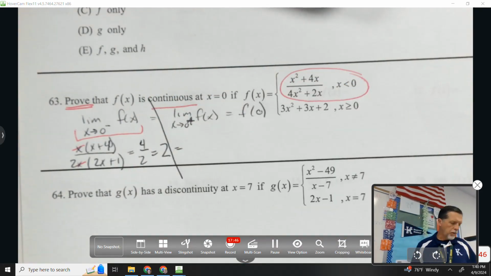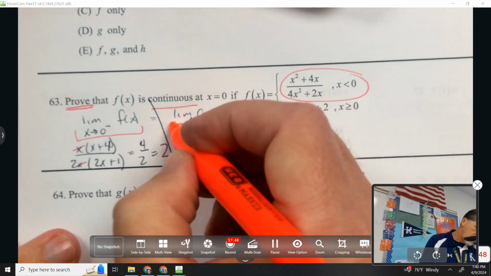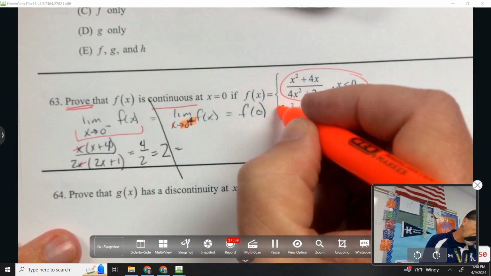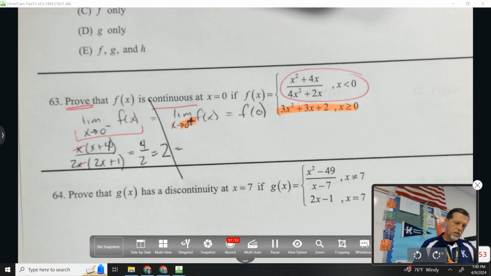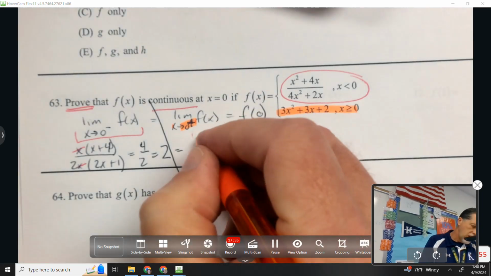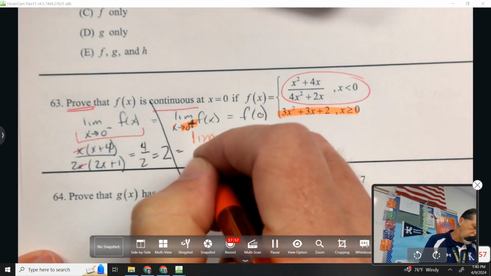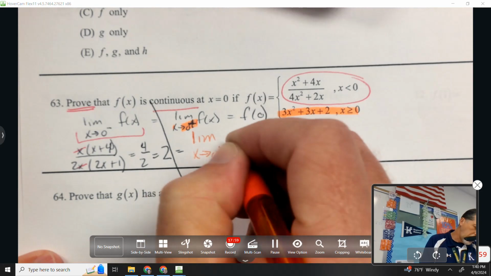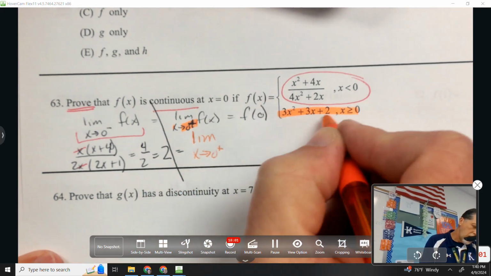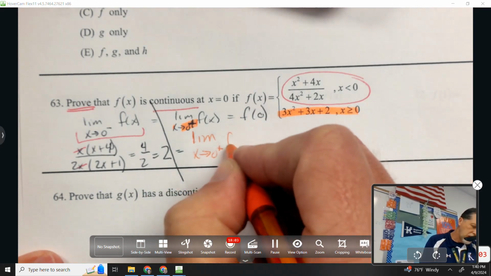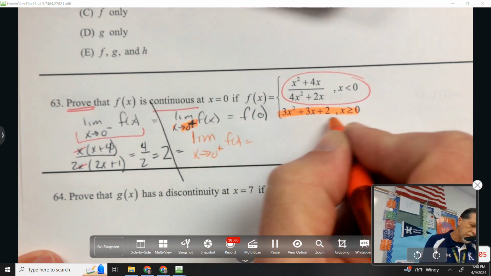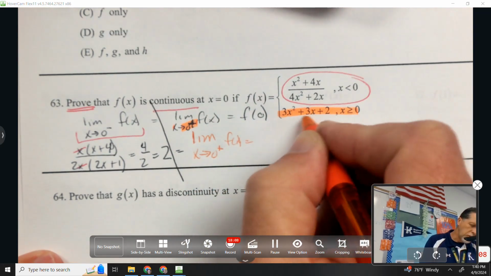The limit from the right, so x is a little more than 0. That would have to be that branch. Limit as x approaches 0 from the right. That would just be 0 plus 0 plus 2, which is 2.